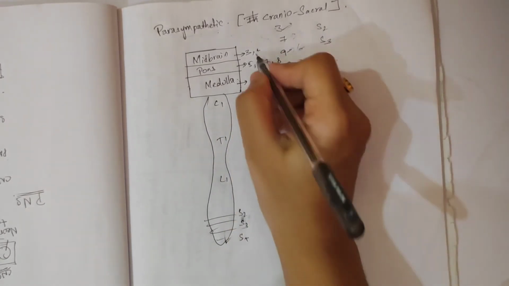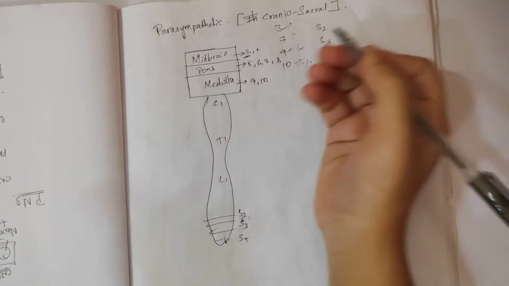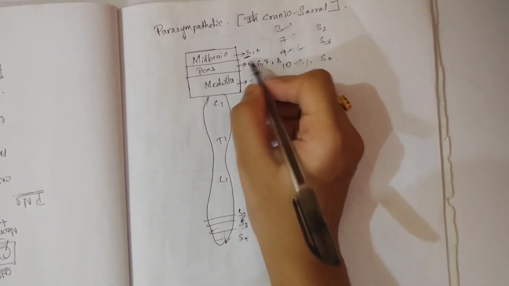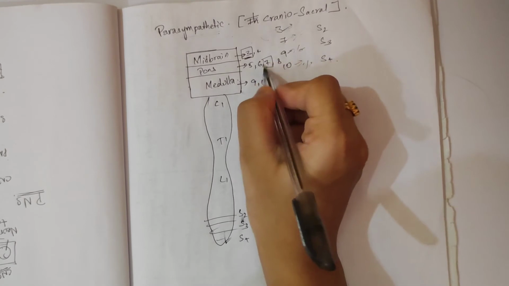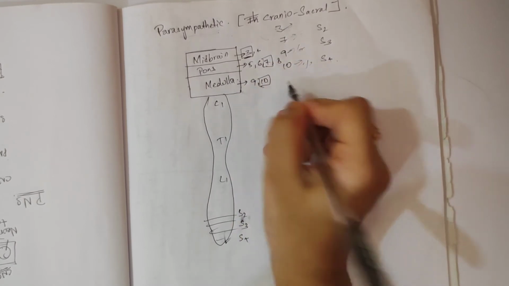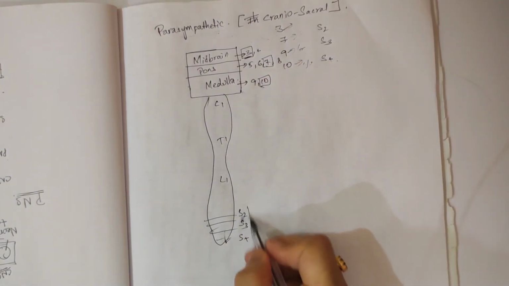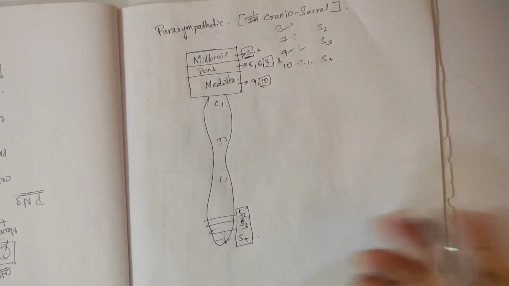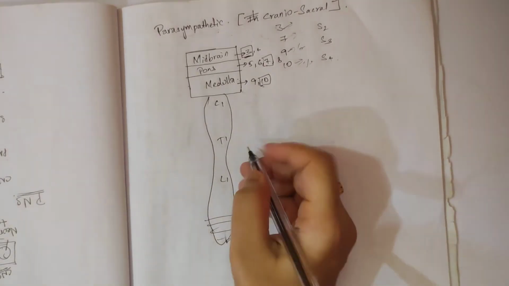So the important things we are going to discuss here are 3, 7 and 10 and S2, S3, S4.